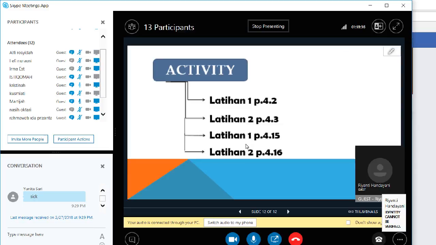So for this sentence, do not downplay the value or importance of this information. The subject is the readers, to the readers. You do not downplay the value, so we can infer that the subject is you.